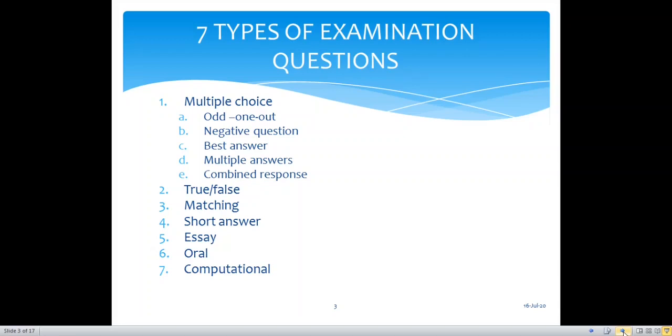There are various types of multiple choice questions: odd one out, negative question, best answer, multiple answers, combined responses. There are true and false questions, matching questions, short answer questions, essay, oral, computational.